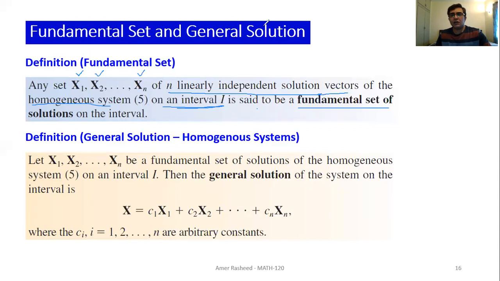It's easy. If we have n solutions, how to check whether they are independent or not? We find the Wronskian of these vectors. If the Wronskian is non-zero, they are linearly independent. If they are linearly independent, we call that set a fundamental set.